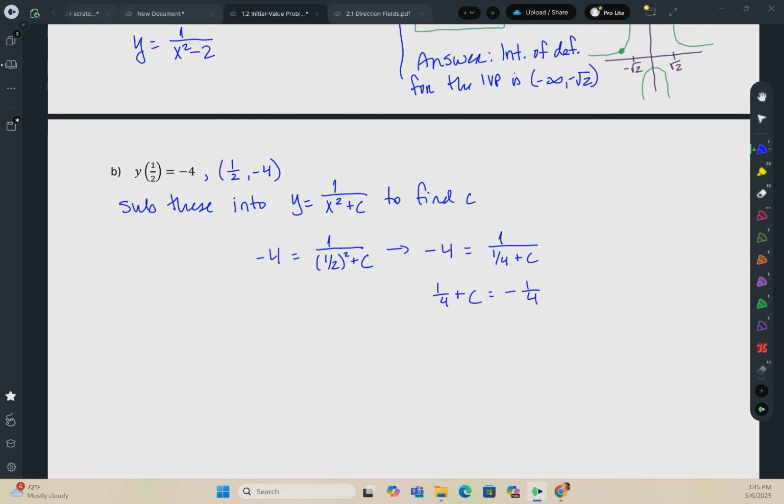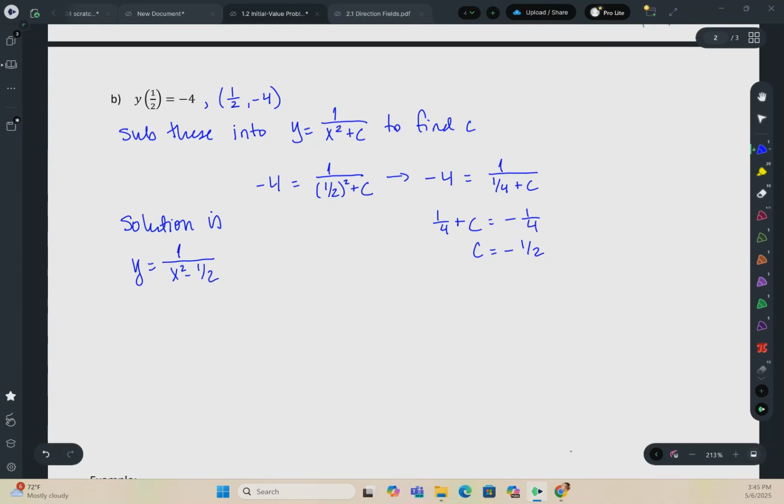And if I subtract the 1/4 over, then I get that c is equal to negative 1/2. Okay, so my solution is y equals 1 over x squared, instead of plus c, I'll put in minus 1/2. Okay, so this is my solution, and I've got to come up with an interval of definition again, and it's the exact same process right here.